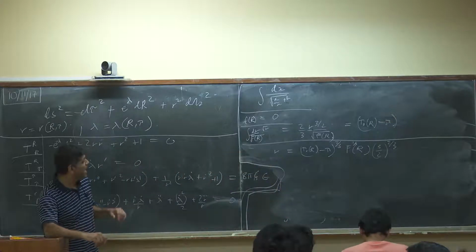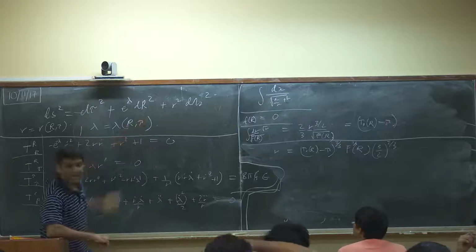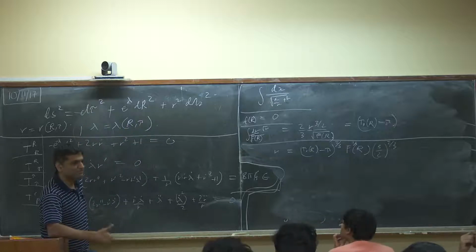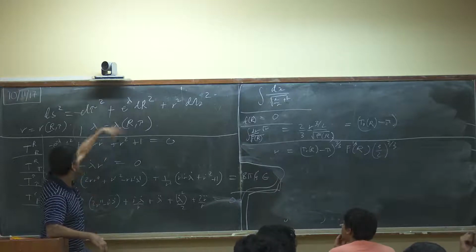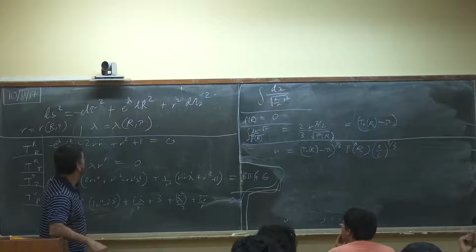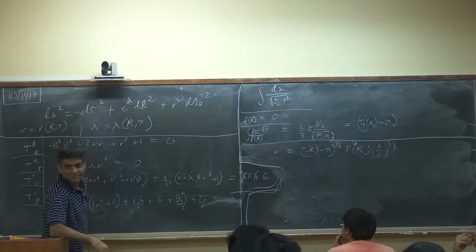You see, so far in here there was a redundancy of our parameterization. Can anyone tell me what it is? What change of variables can I make here that will keep this metric of the same form? And what does that physically mean?